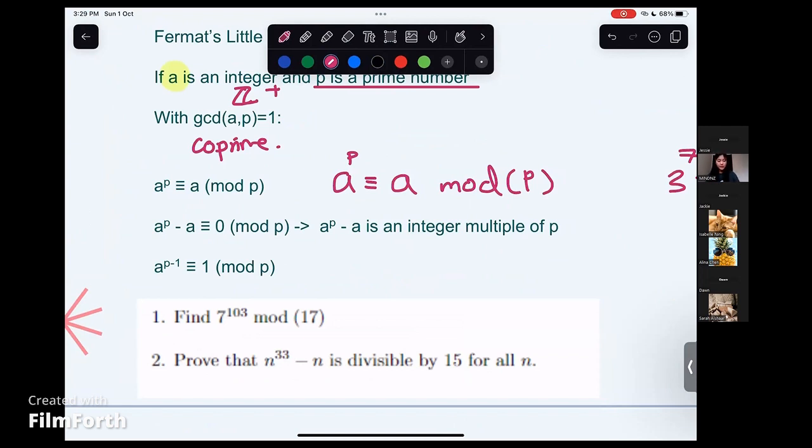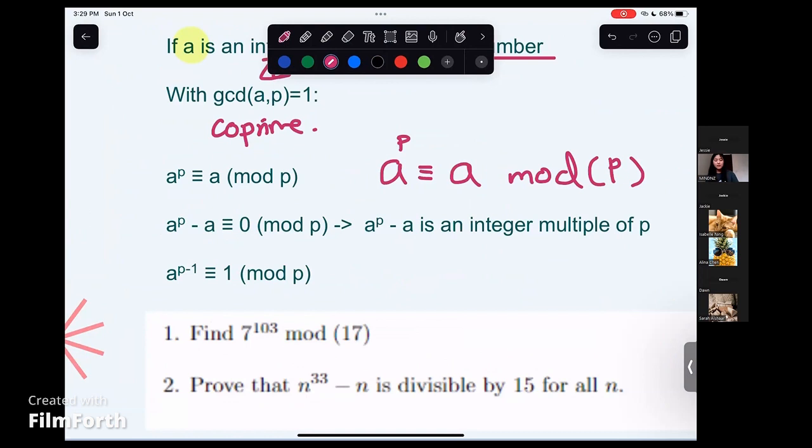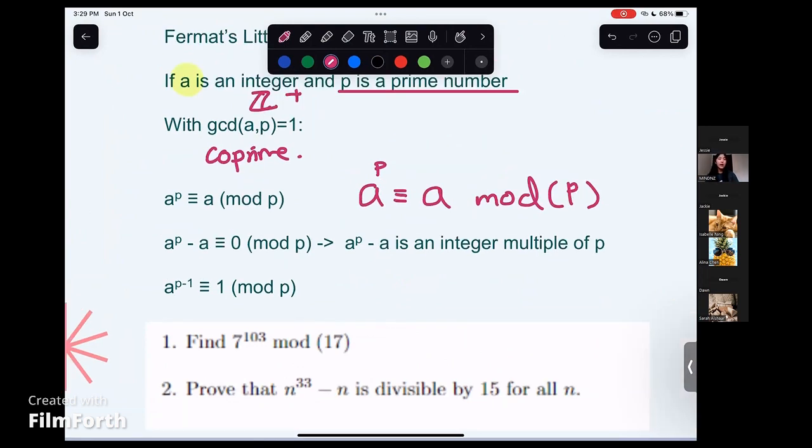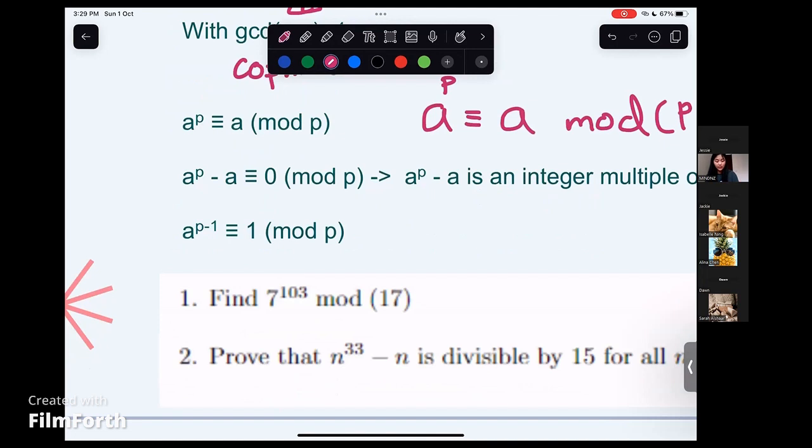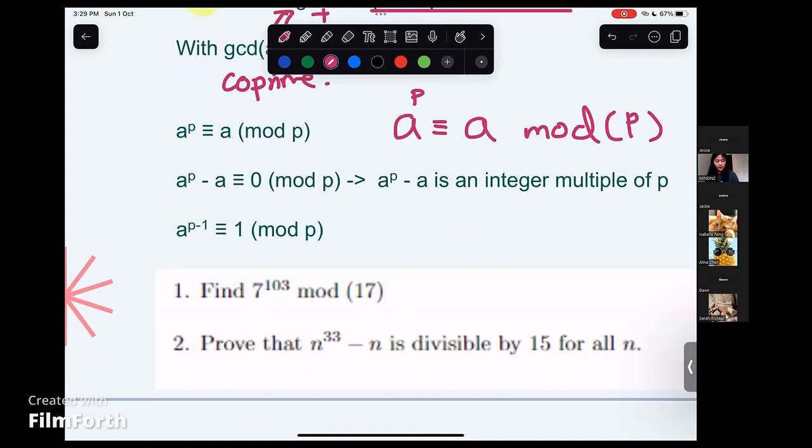But because we know that a and p are co-prime, we can divide both sides by a. Like we talked about last week, we are allowed to divide in this case, and if we do divide, we get something like this, which is actually very, very useful.